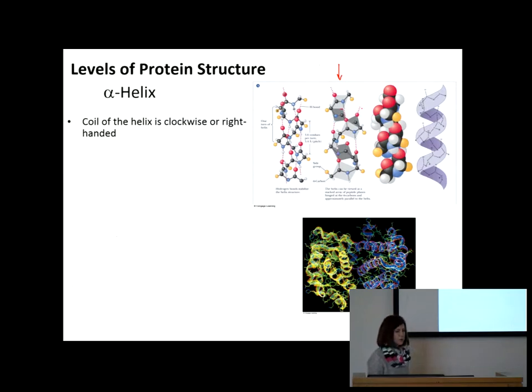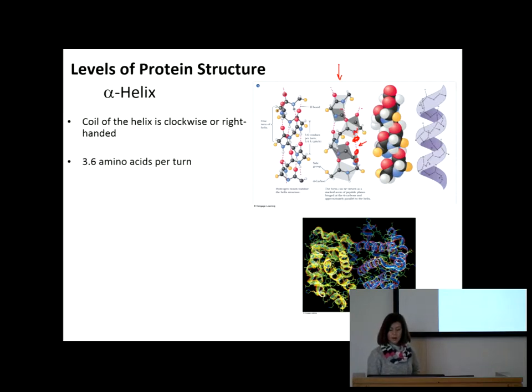So remember, the blue is a nitrogen, and this is a hydrogen. The reds are oxygens. So notice that the nitrogen, hydrogen, oxygen, carbon, this is that hydrogen bond.